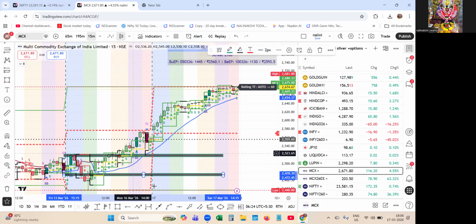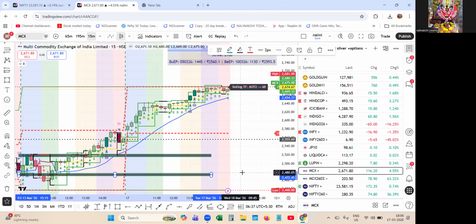Structurally, it has made a higher high. This is a positive structure. And apart from that, you can see the third hour high and low corresponds to the high and low of the day. So this is my reference point. What happened in the market? When the market opened, we have to mark the first hour high and low.